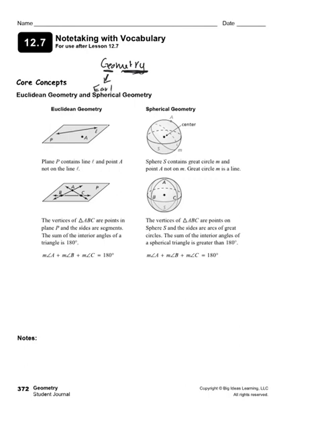Geo means earth, and metry is a form of measurement. So basically geometry is all about measuring different things within the earth.